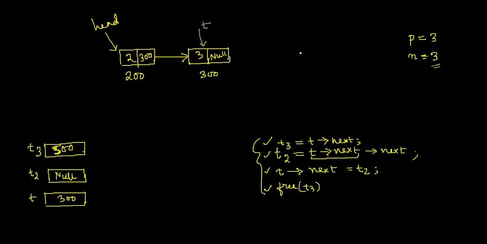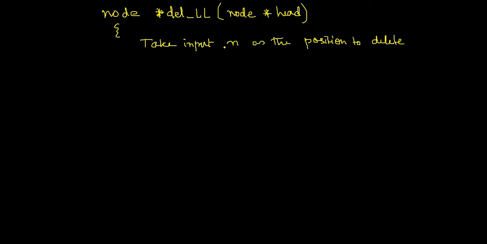So in case of a delete operation, the range of n will be 1 to the maximum value, that is p. If I assume this maximum value is known, then you can check that if n is less than 1 or n is greater than p, the total number of nodes you have in the linked list, then what to do?